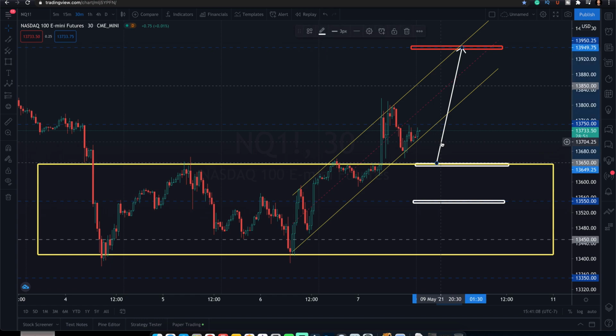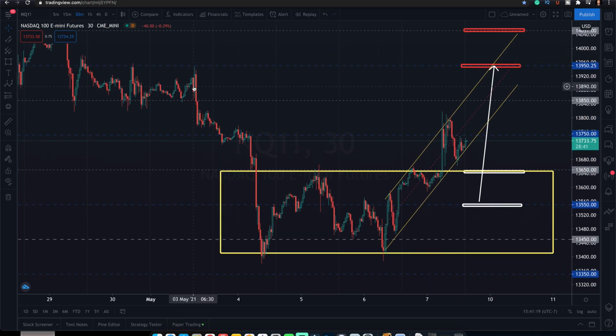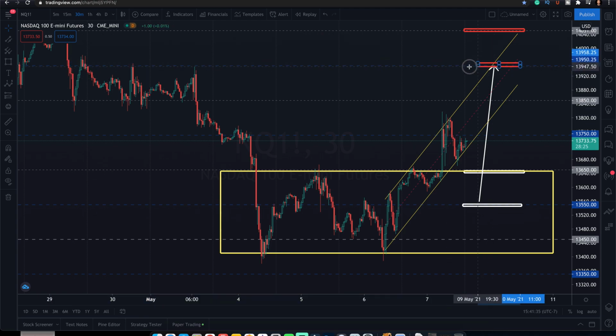And even if we go down to here, we're going to be looking for continuation. The first level where you want to take profits is this level right here, 13,950. If we extend this to the left, you're going to find out that this was a very nice resistance level before that huge drop, which was over 400 points.